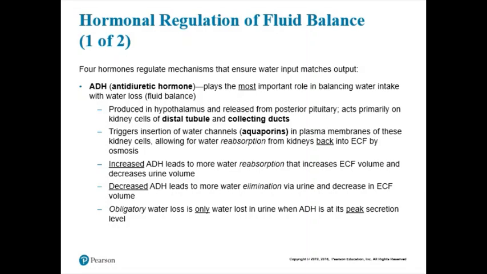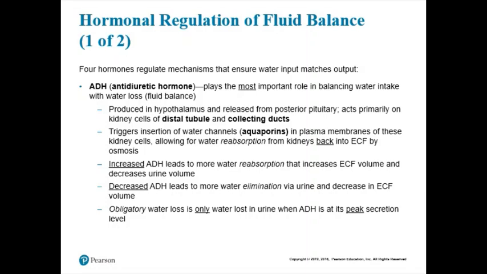So if I were to increase my antidiuretic hormone levels, it would cause me to hold on to water and increase my body water levels while decreasing my urine levels so I don't lose it.